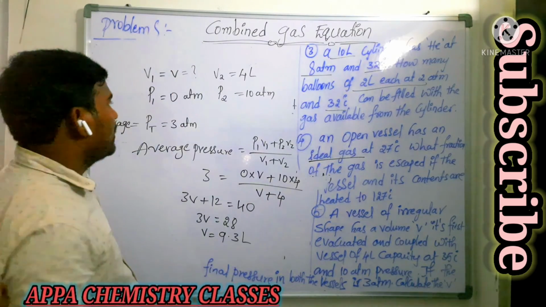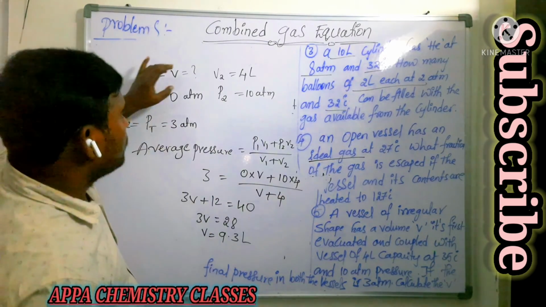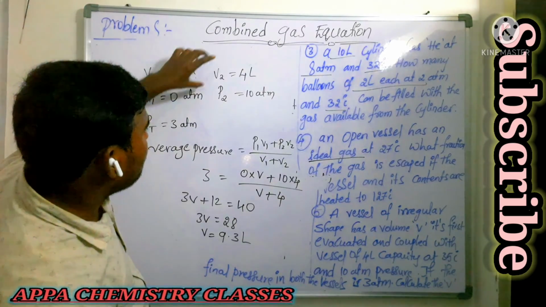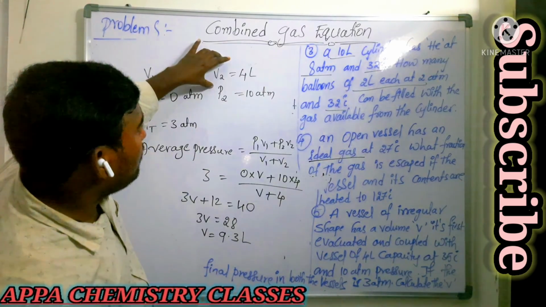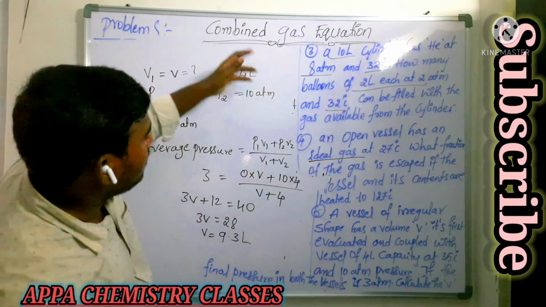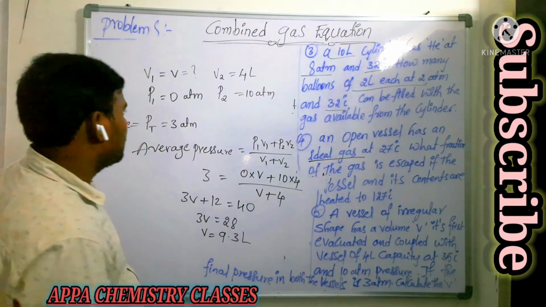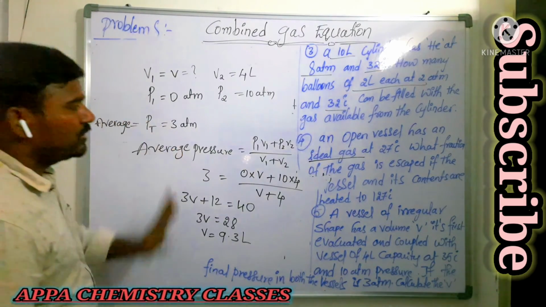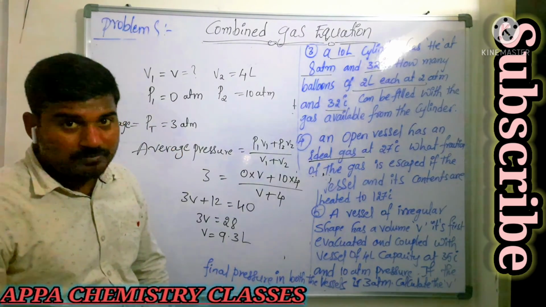Initially the volume is 9.3 liters. When it is evacuated, its pressure becomes 0 atmosphere, and when it is connected to the 4 liter vessel at 10 atmosphere, the average pressure in both vessels will be 3 atmosphere. Is that clear?